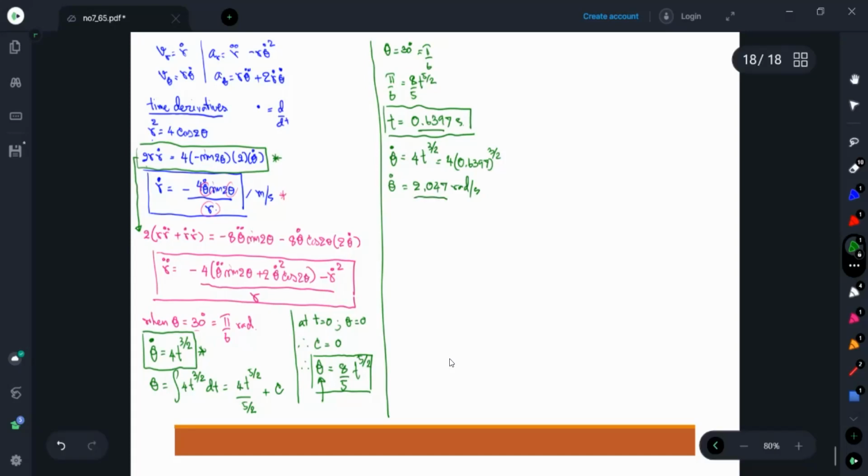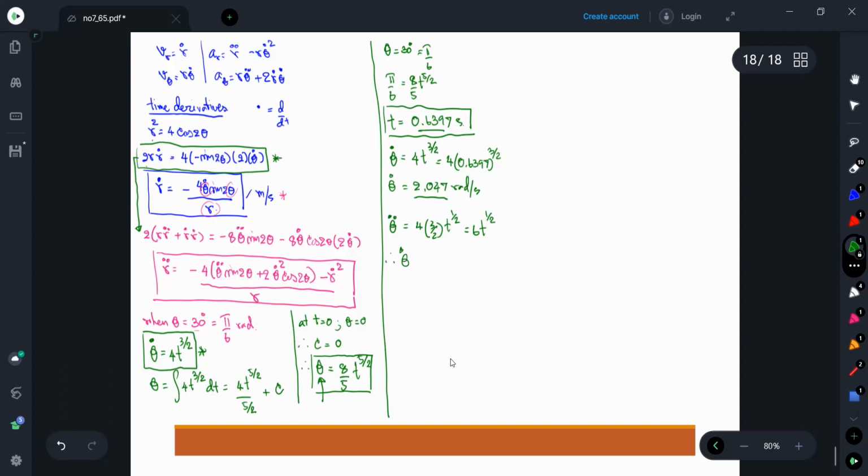And also for theta double dot. For theta double dot, we take the derivative here, that becomes 4 times 3 over 2, and t to the power 1 over 2, right? That becomes 6.